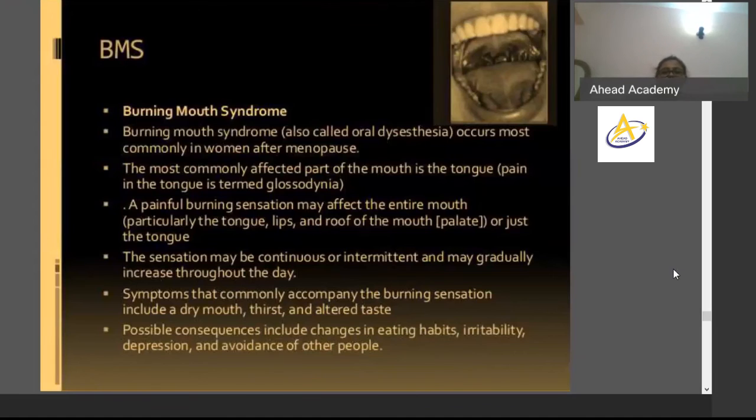Burning mouth syndrome. Burning mouth syndrome is also known as oral dysesthesia, and it occurs most commonly in women after menopause.